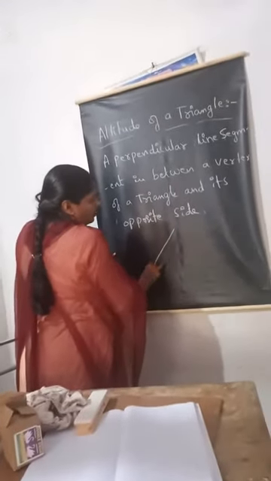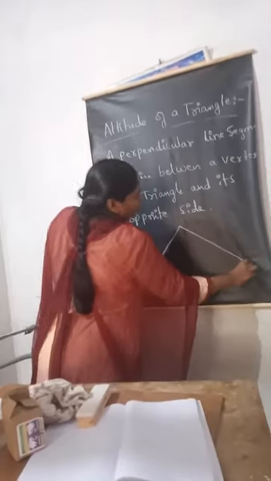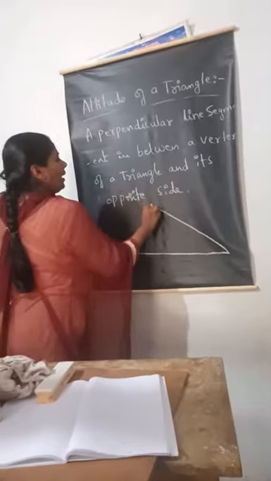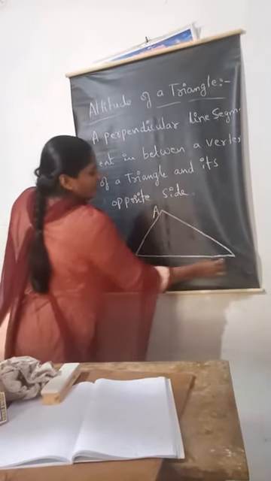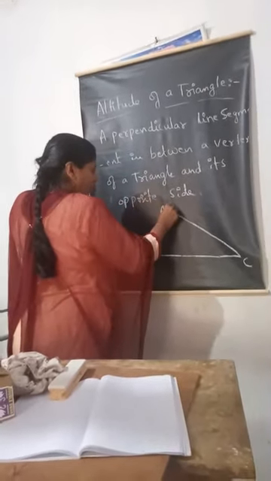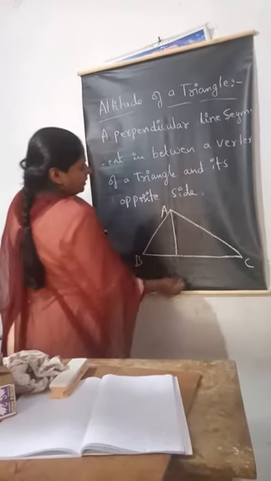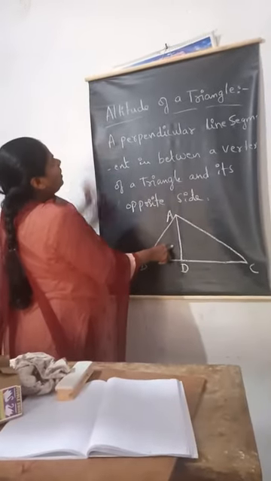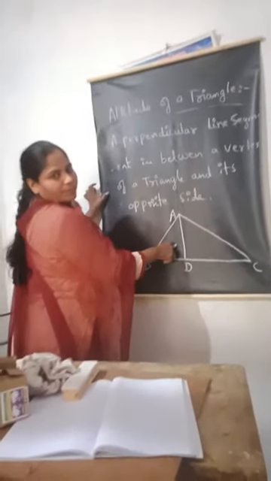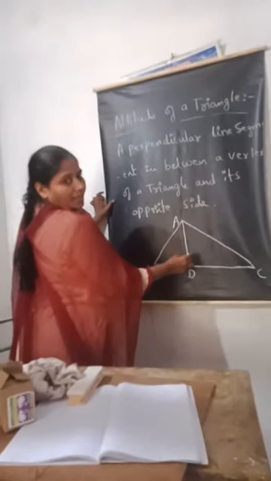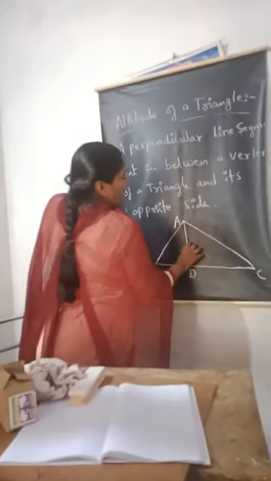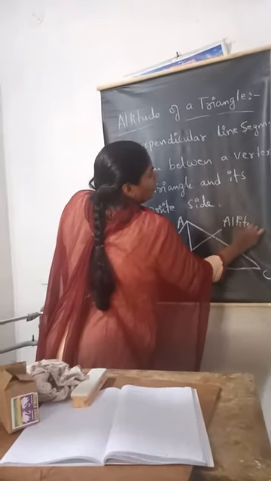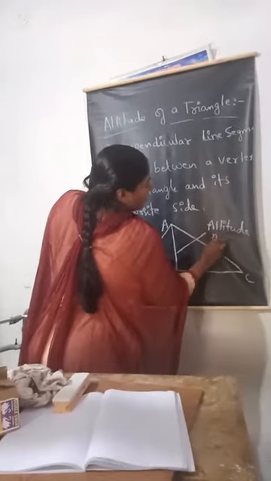For example, this is triangle ABC. This is the perpendicular line segment AD. Therefore, AD is the altitude of the triangle.